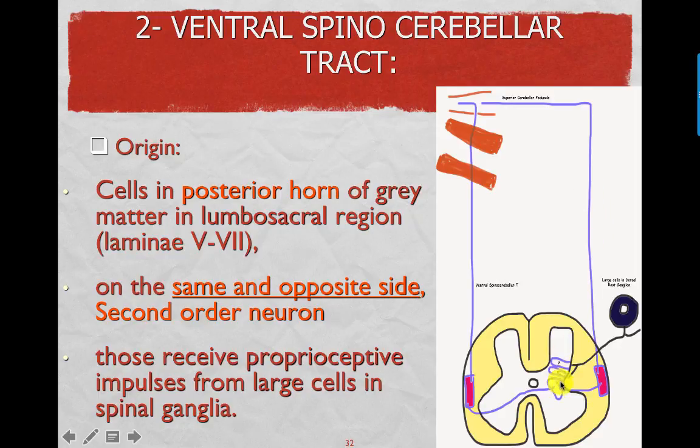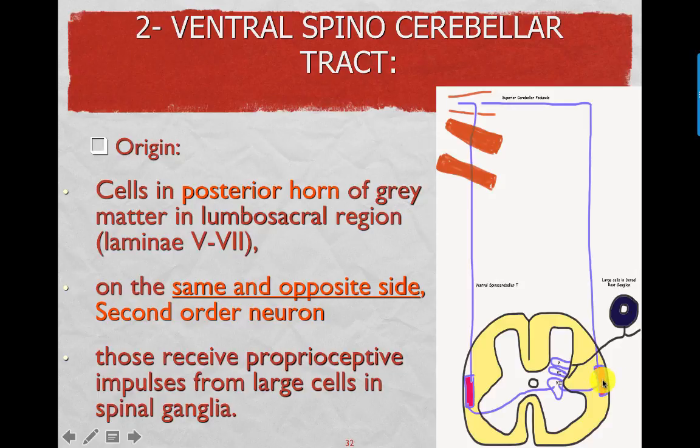These three laminae in the lumbosacral region take the proprioceptive impulse from the first order neuron and give rise to the second order tract, the ventral spinocerebellar, which gives its impulses to the cerebellum. But take care, it enters the superior cerebellar peduncle. Although it is lower than the dorsal, it enters the higher arm, while the dorsal, which is higher, enters the lower arm.